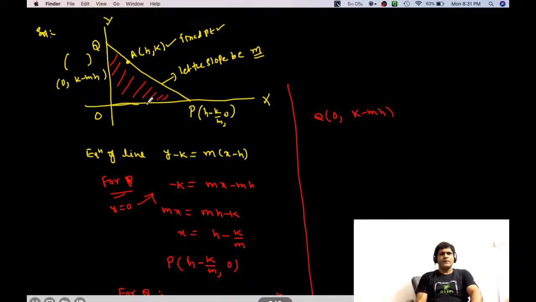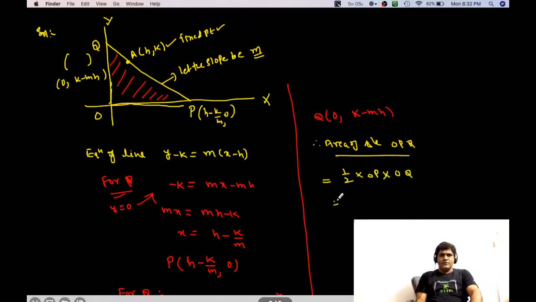Base is OP distance, height is OQ distance. So area of triangle OPQ is 1 by 2 into base OP into height OQ.